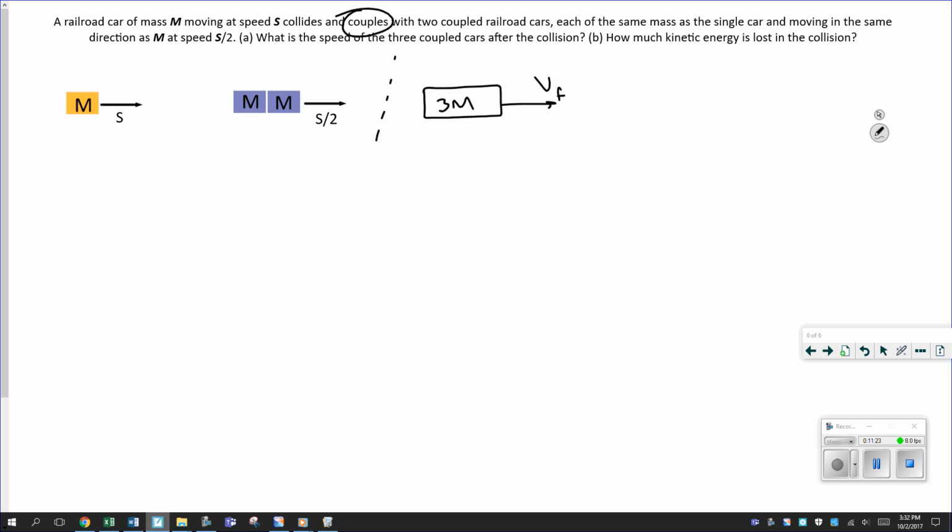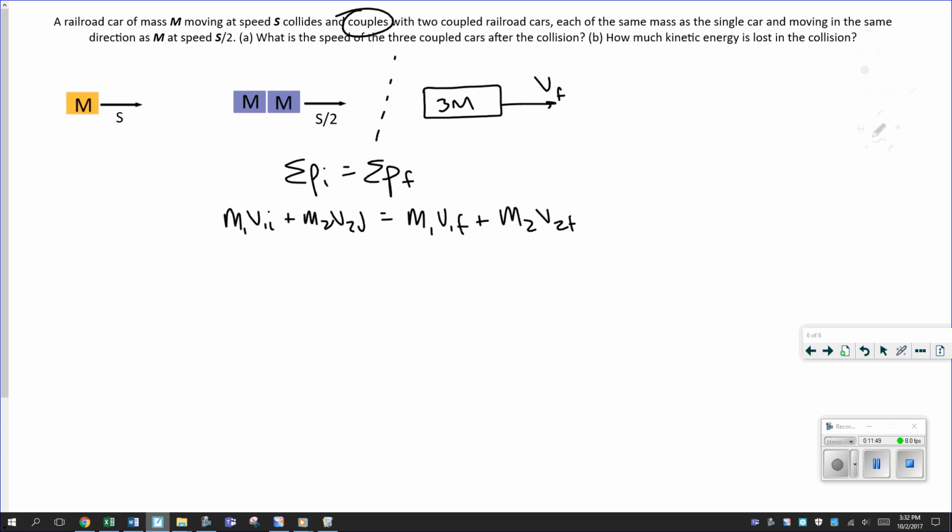So if we say that momentum is conserved, generically, m1 v1 initial plus m2 v2 initial equals m1 v1 final plus m2 v2 final. Probably appropriate here to start talking about what different things are called.